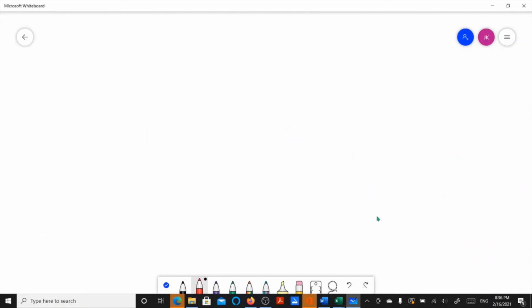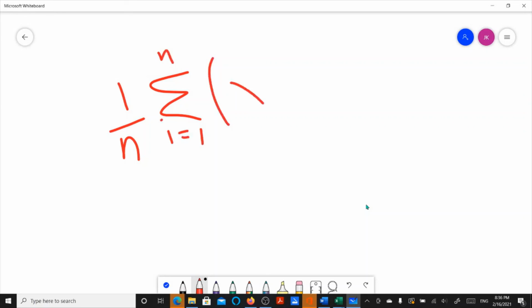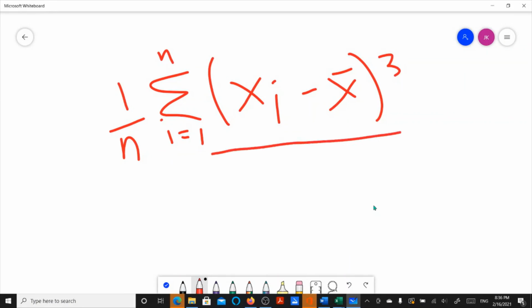This is the calculation. It has to be multiplied by 1 over n. Again, we're doing observation minus sample mean to the power of 3. And the focus here, S, this is standard deviation to the power of 3. Okay? Standard deviation to the power of 3.